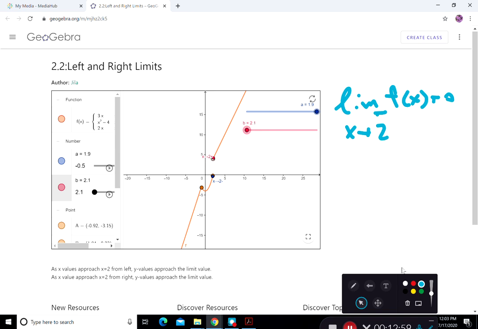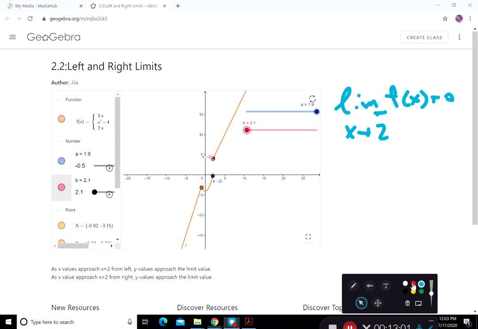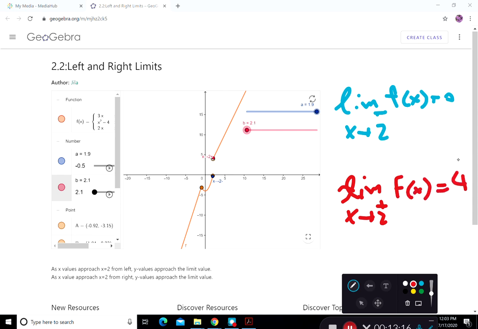So how does this work, basically? Let's write this down first. The limit as x approaches 2 from the right side of f of x is equal to 4.